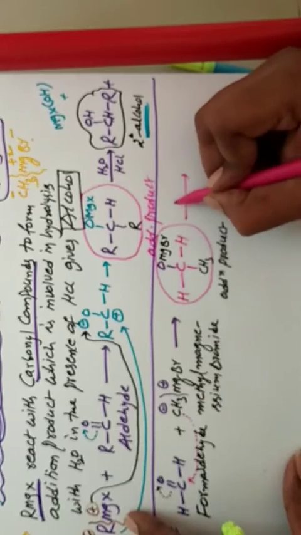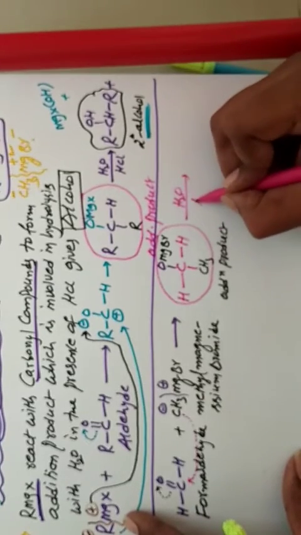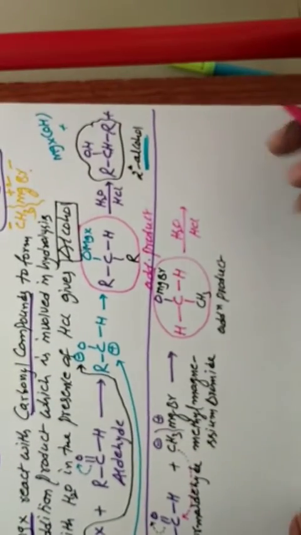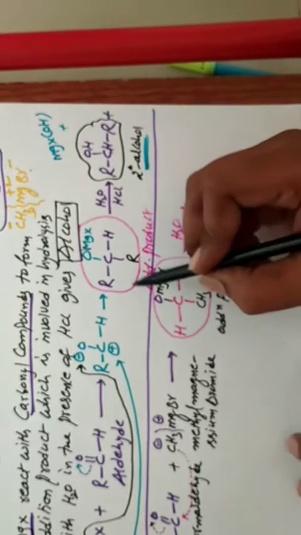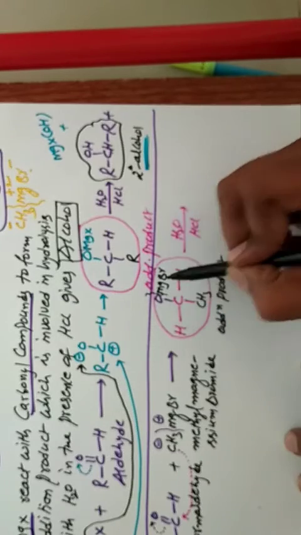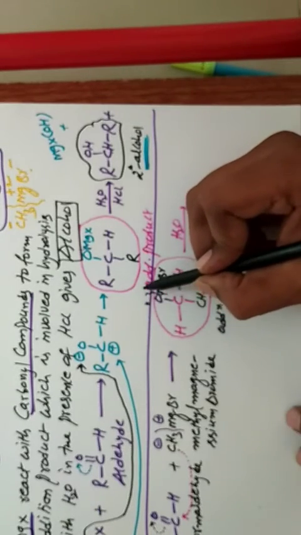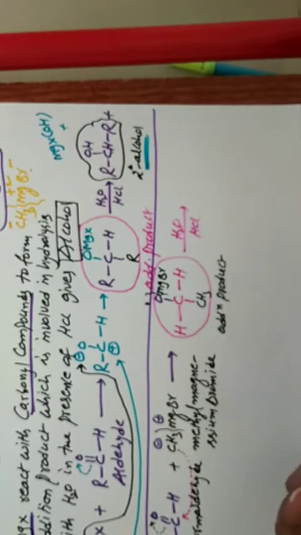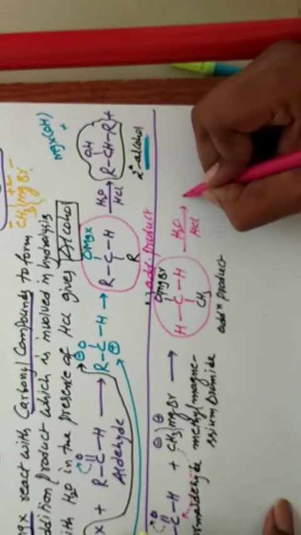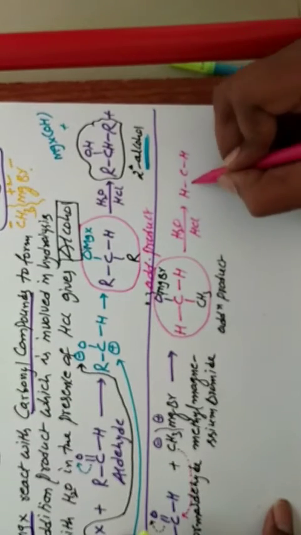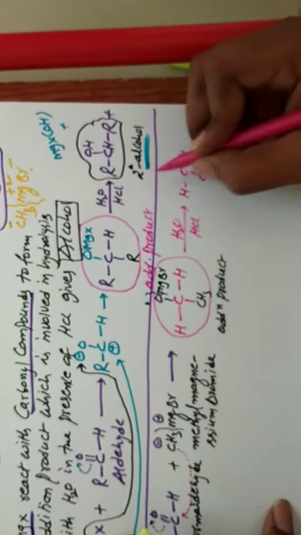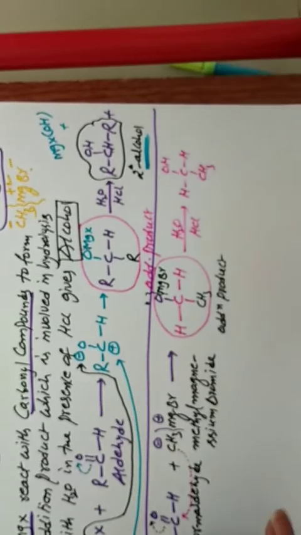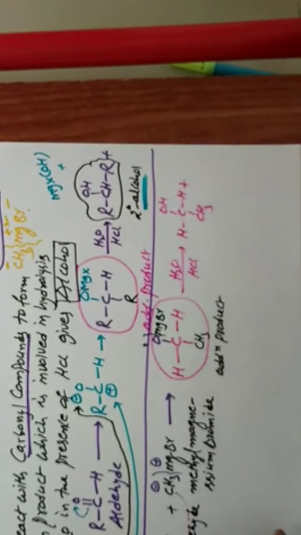Again it undergoes hydrolysis, H2O in the presence of acid HCl. So in this case this bond will be broken. Here H, and here the OH group is attached. What is the final product? H, C, H, CH3, OH plus what is the byproduct?